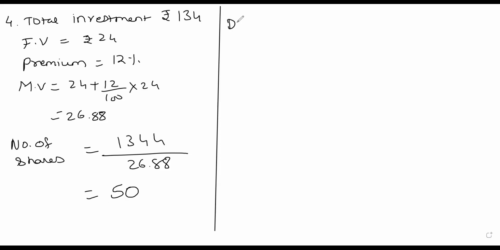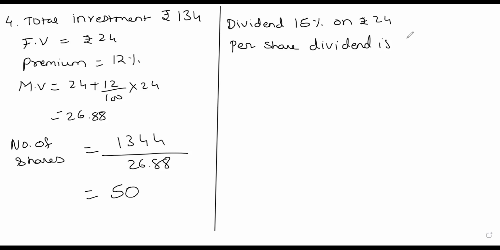Dividend is 15% on rupees 24. So per share dividend is rupees 3.6. So we got the market value, the number of shares, and the dividend per share.